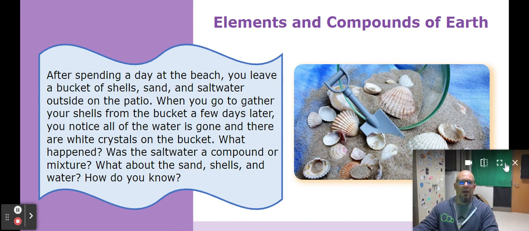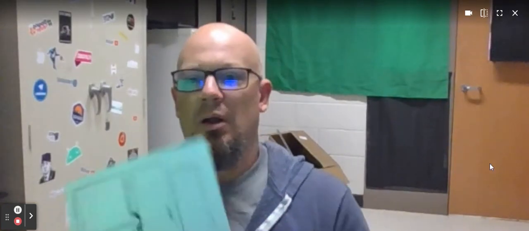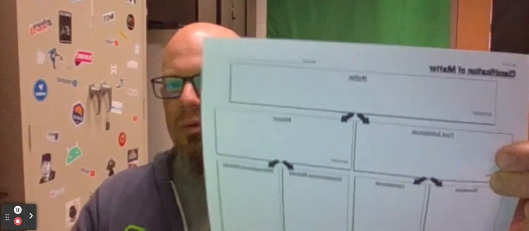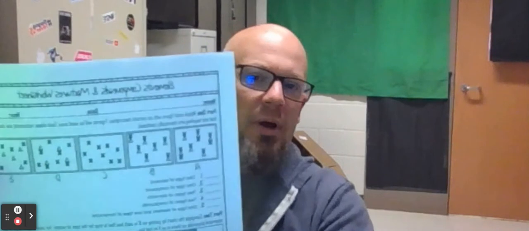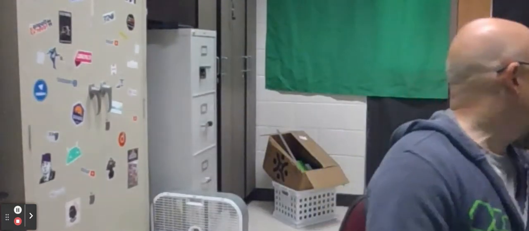All right, and so in your packet of stuff there, you've got your notes here, you've got your skeletal notes, and then you've got two different worksheets that you're going to work on. One is this one, that's the elements, compounds, and mixtures worksheet.